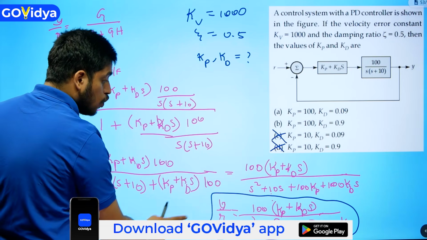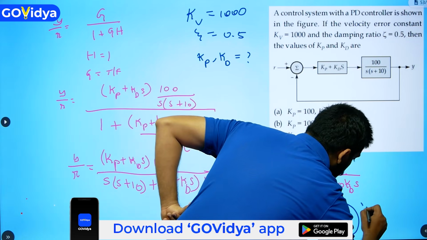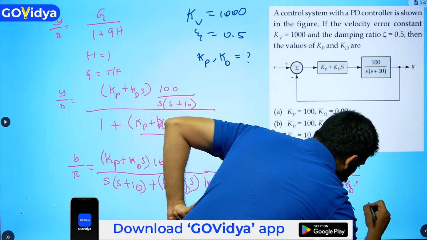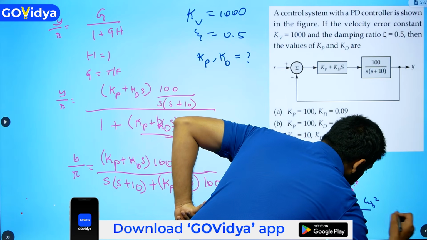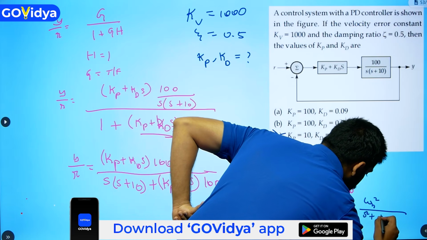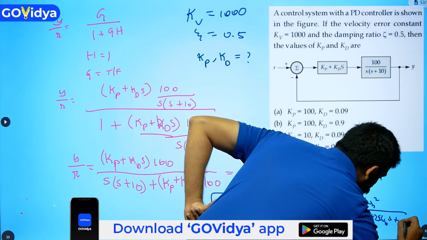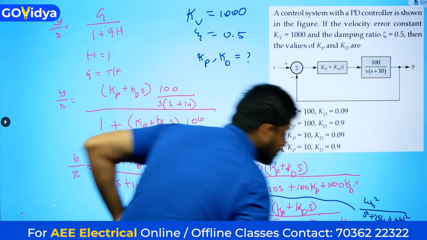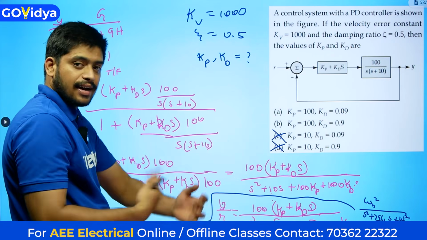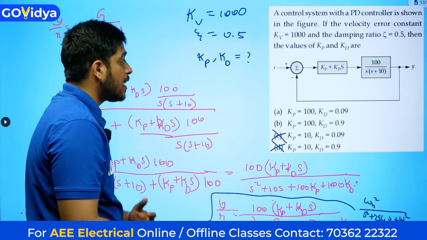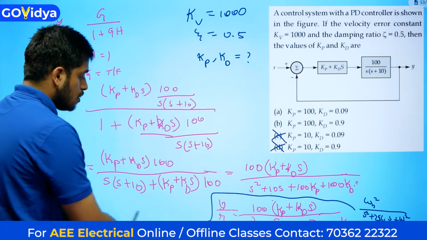This is of the form omega n square by s square plus 2 zeta omega n s plus omega n square. So I need omega n. I already have zeta. I need omega n so that I can find Kd also.